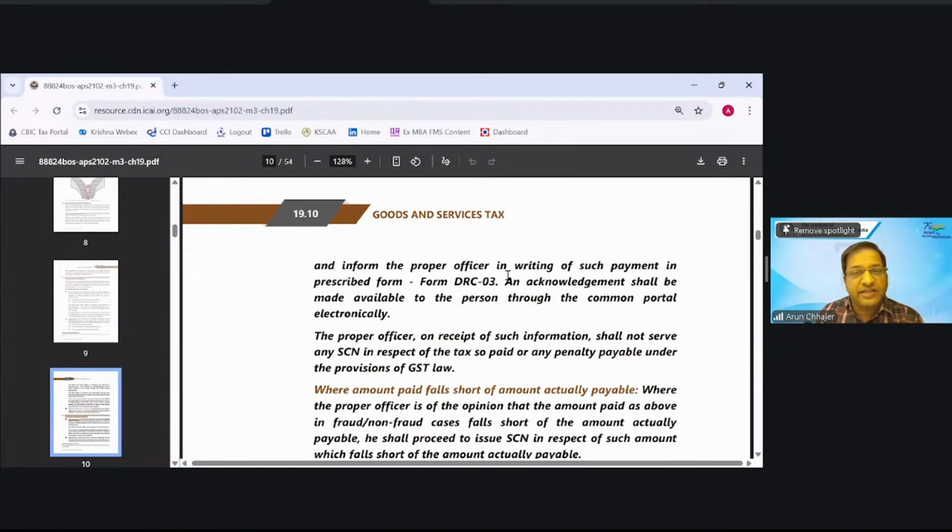Inform the proper officer in writing of the payment in prescribed form DRC 03, and acknowledgement shall be made available to the person through the common portal electronically.